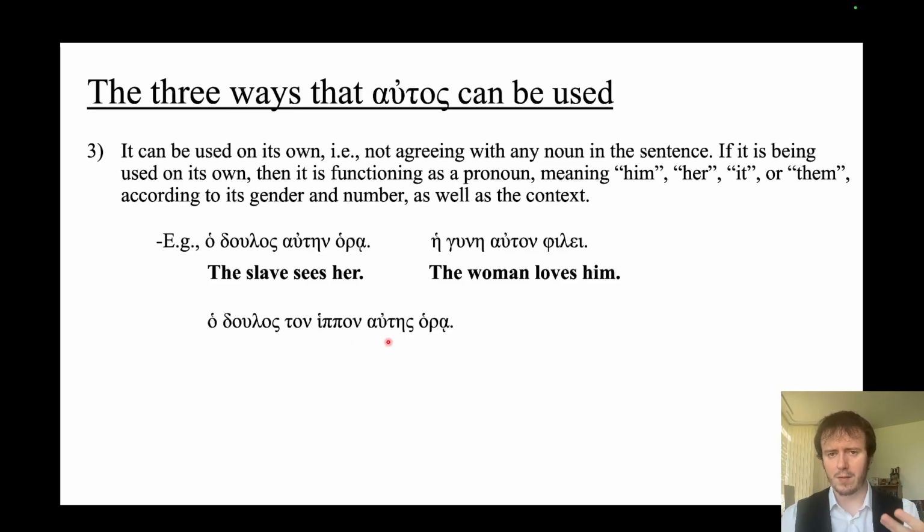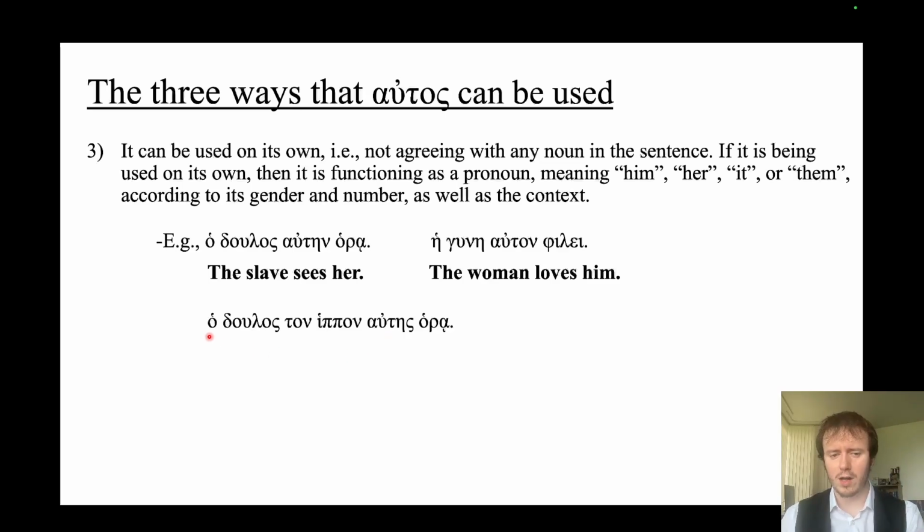Αὐτῆς is the feminine genitive singular form of αὐτός. But we only have a masculine nominative singular noun and a masculine accusative singular noun. So αὐτῆς is not agreeing with any noun in the sentence. Therefore, it's being used on its own as a pronoun, and we know that it's feminine genitive singular. Because it's feminine and singular, we say her, but because it's genitive, this means of her.